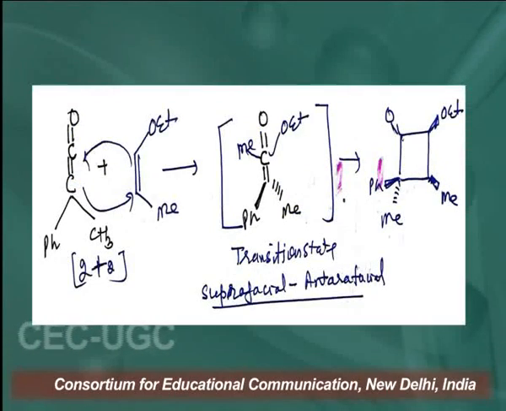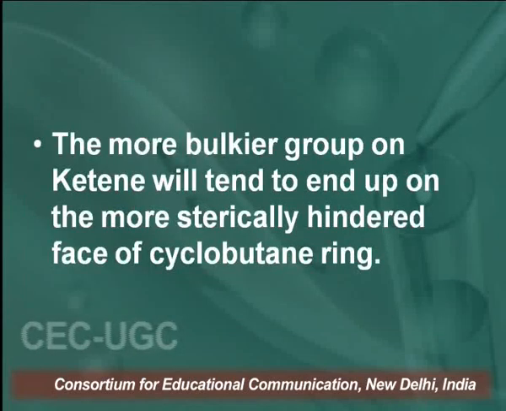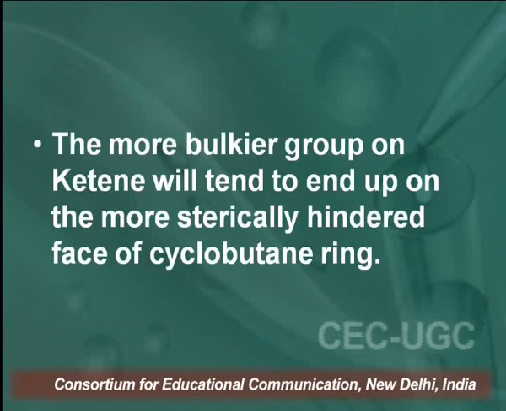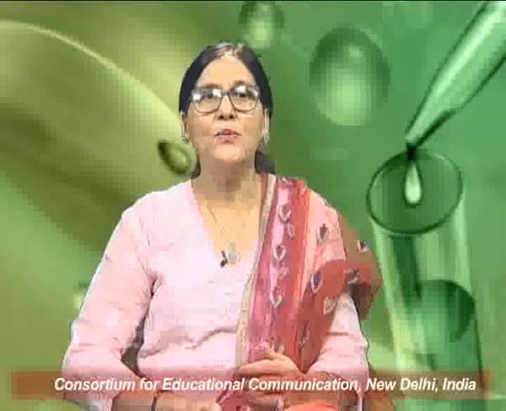This is another important reaction. This here also has ketenes. So in all reactions we can see suprafacial or antarafacial mode of interaction in 2 plus 2 cycloaddition reaction when the reaction is thermally allowed. Learners, the bulkier group on the ketene will tend to end up on the more sterically hindered face of the cyclobutane ring.